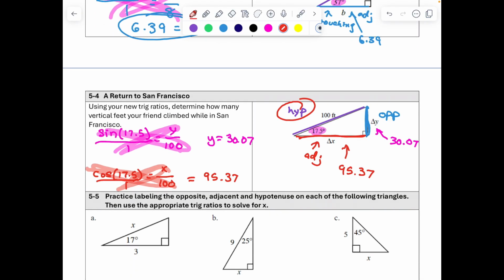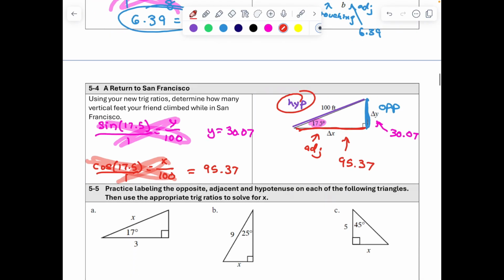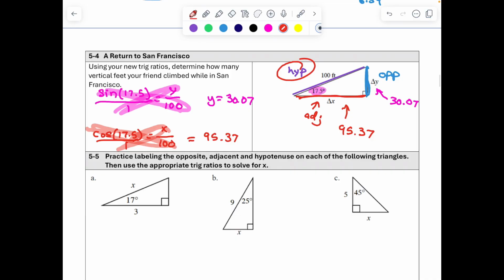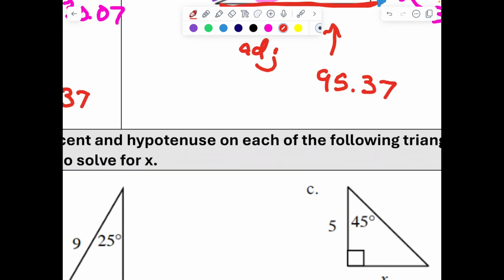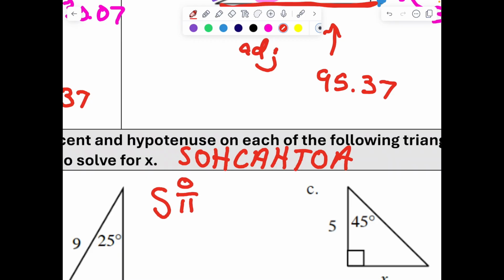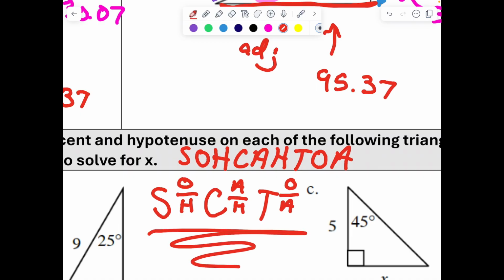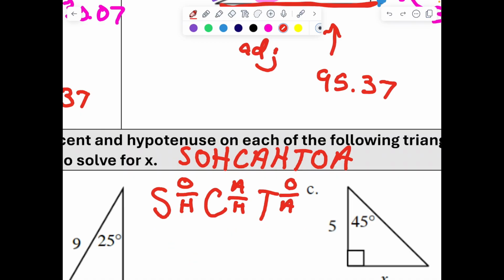So one thing I want to mention is when you are choosing your ratio, trying to figure out if it's sine, cosine, or tangent, there's a fun little phrase that we use called SOHCAHTOA. Some people write it out in one way, and then some people write it out another way. I personally like this bottom one because I think it's a little bit more clear.